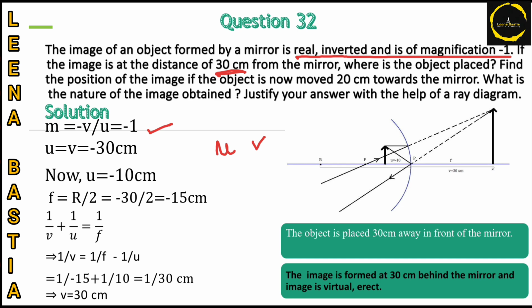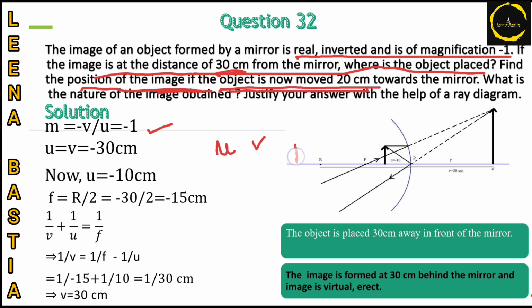The position of the image is now moved. It is case 2. First of all, come to the second line: if the image is at a distance of 30 centimeter from the mirror, where is the object placed? It is the first part of the question. Now it is saying to find the position of the image, again the image position it is asking, if the object is now moved 20 centimeter towards the mirror.